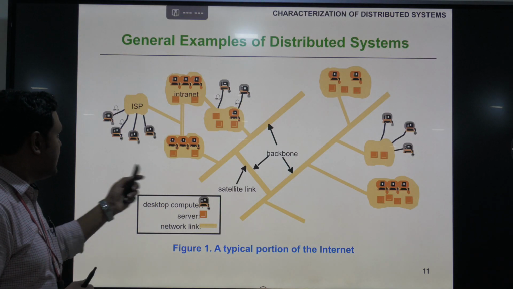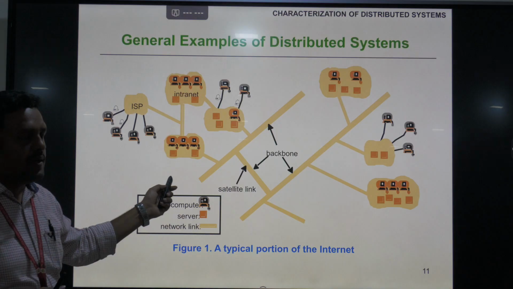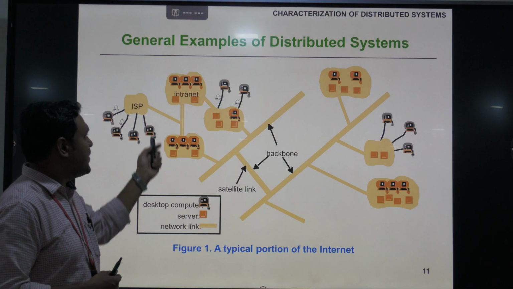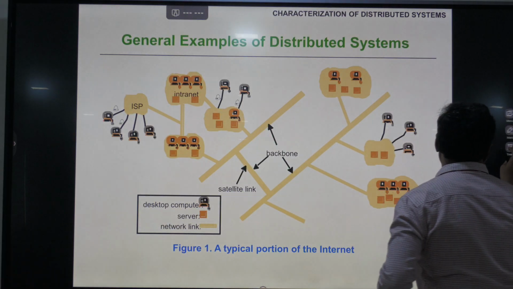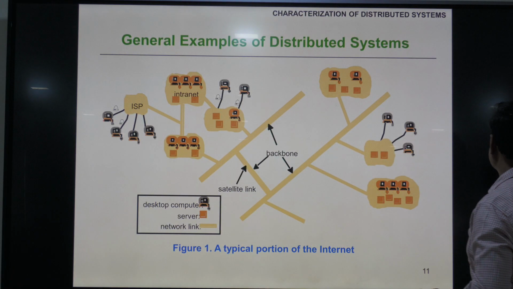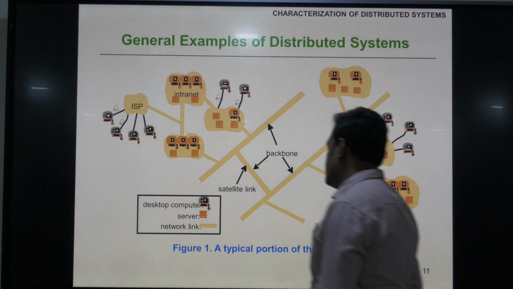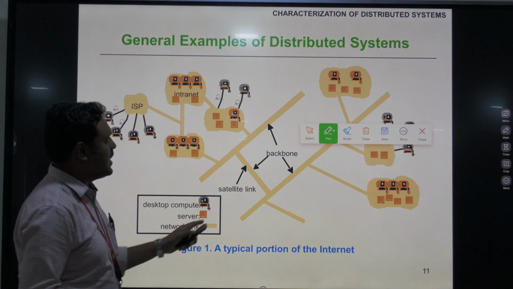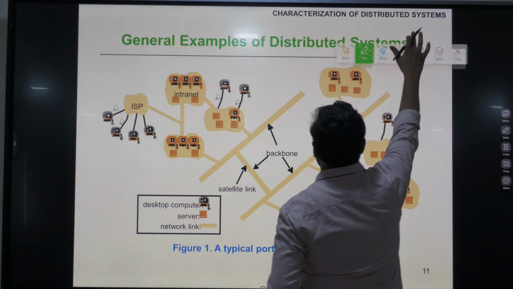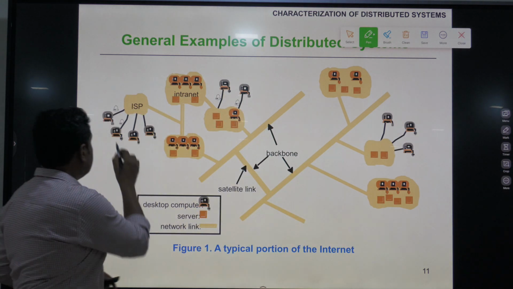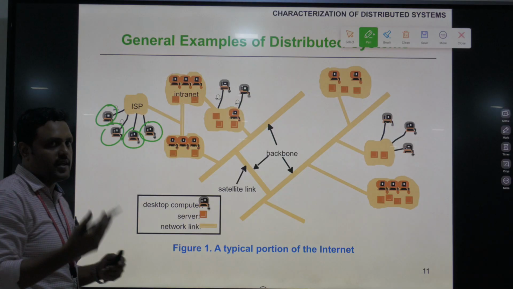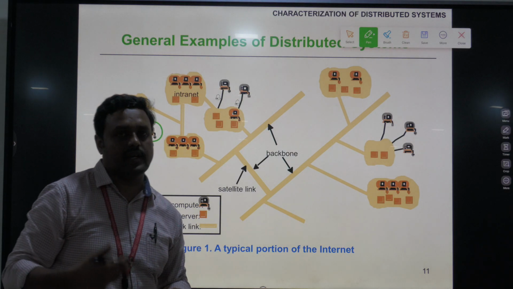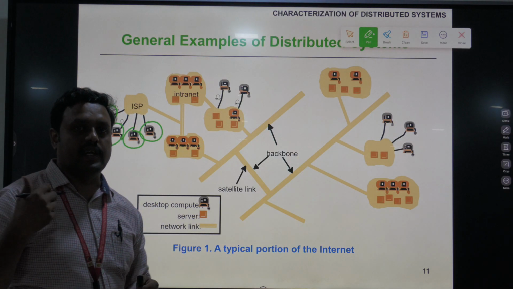And here you can see a typical portion of the internet where all the devices are connected. Here you can see these are all the desktop computers, which we are using in our house or in our colleges or in our offices.